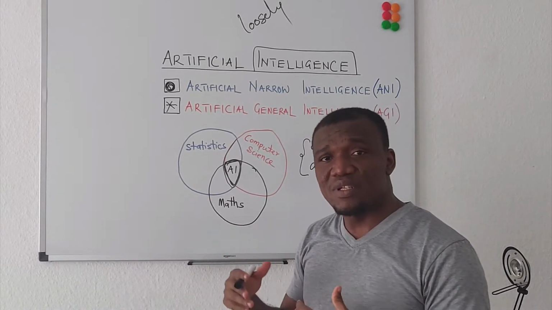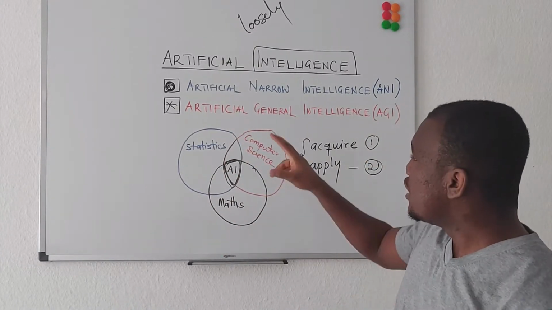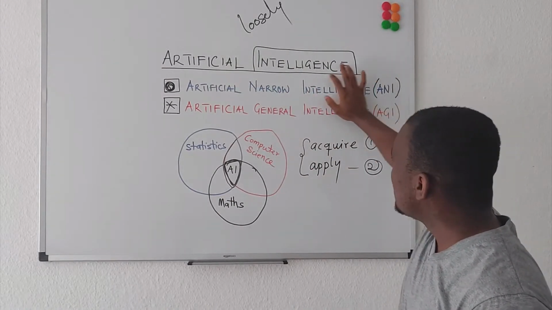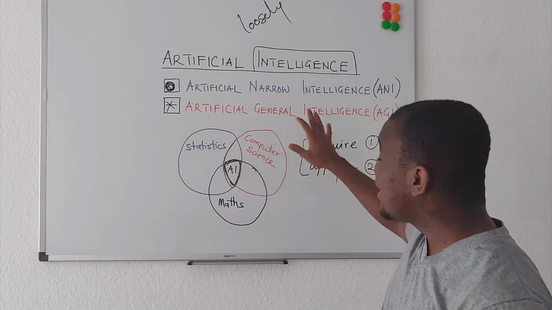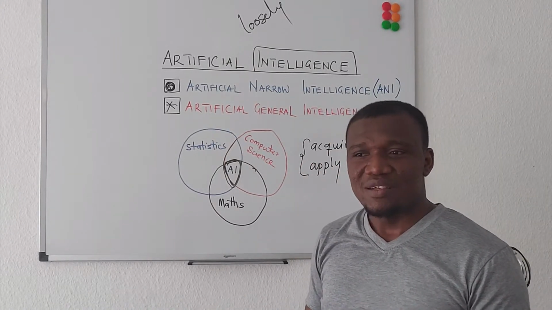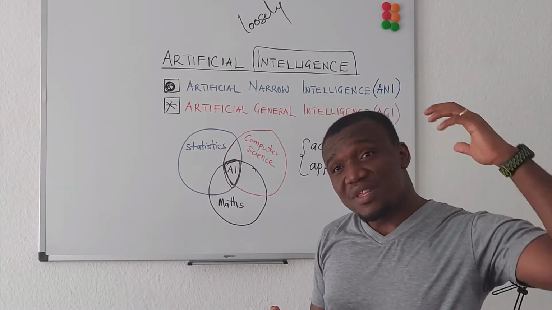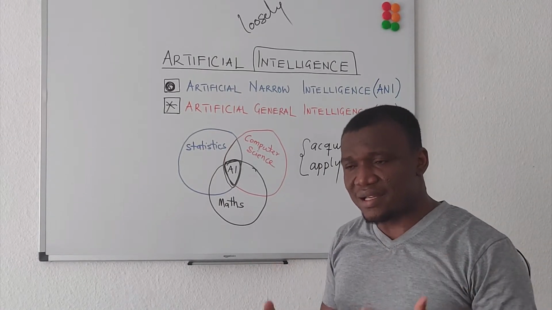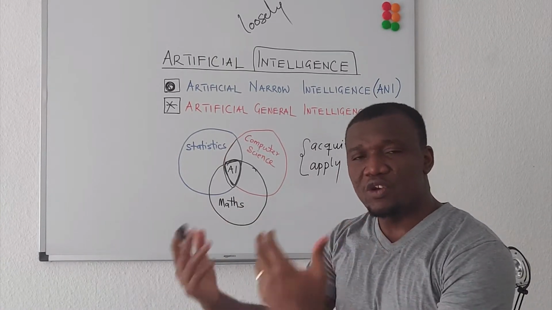So what deep network techniques or AI techniques are helping us to achieve is to be able to train computers to do things that are within the domain of artificial narrow intelligence. And artificial general intelligence, the one that seeks to give computers general human-like intelligence, is something that is very, very far away, because it requires that we understand exactly how the human brain works before we will be able to train computers to do that.